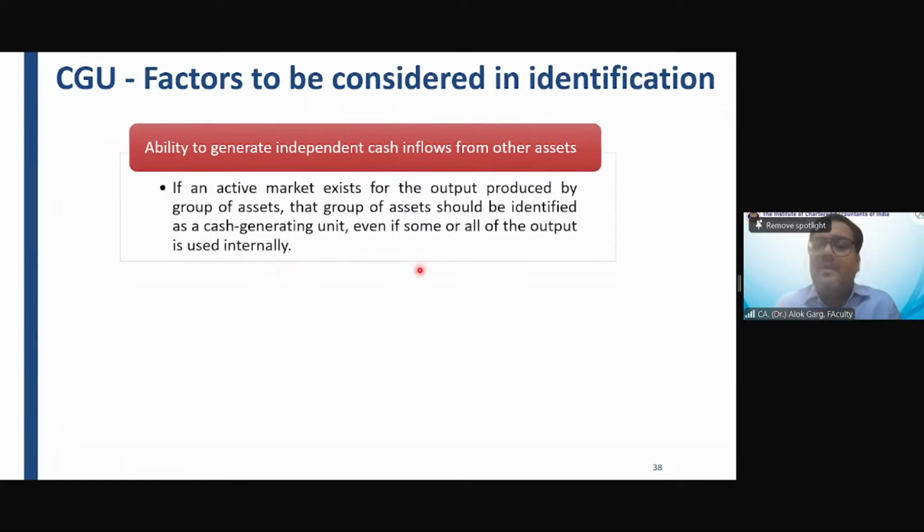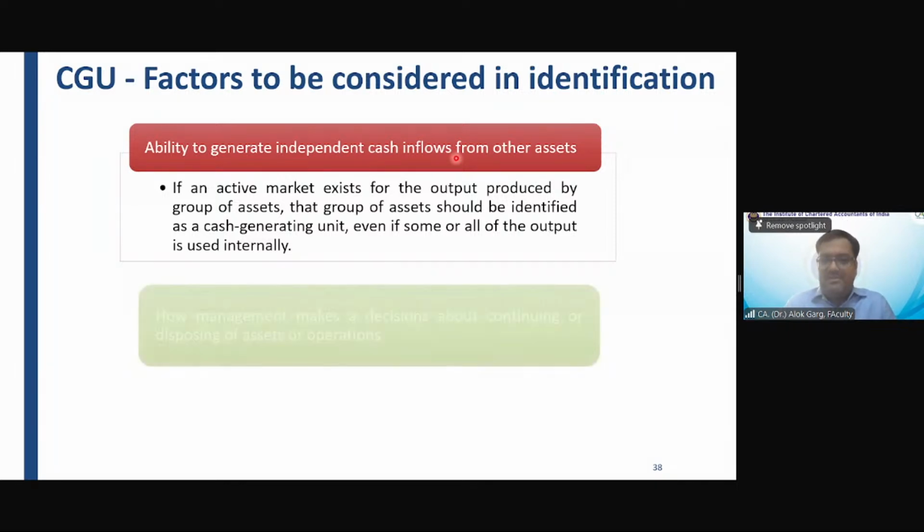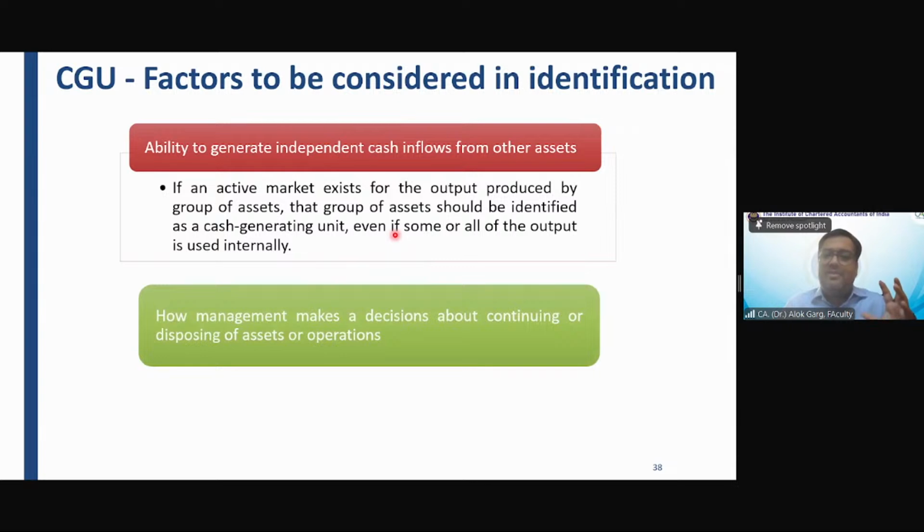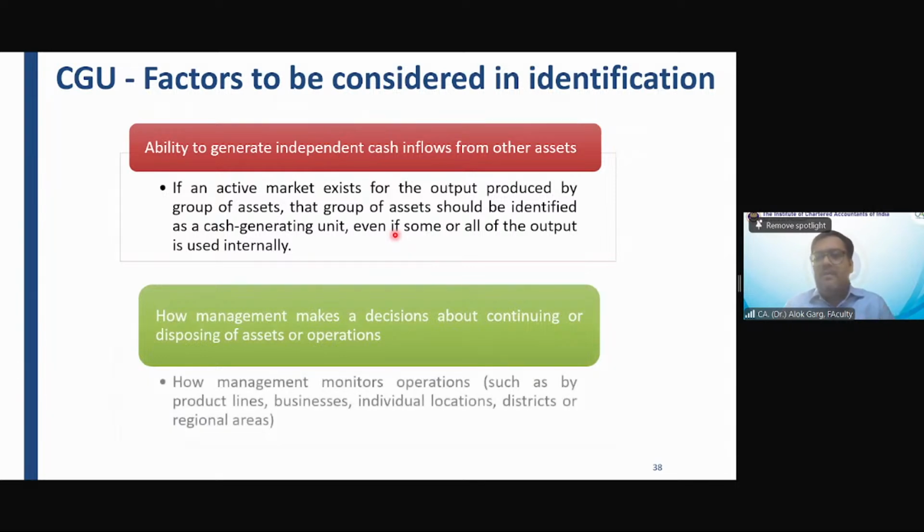So what are the factors to consider in identification of CGU? It should be able to generate independent cash flows from other assets. For example, there are 3 machines. Machine A is using some raw material, and machine A is providing the semi-finished output.